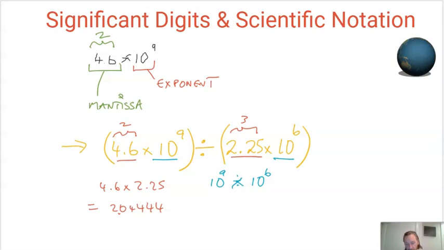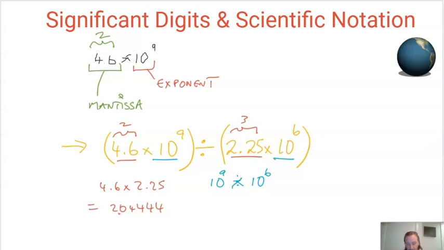And the second part is, if you are trying to establish how many significant digits to use when multiplying or dividing or adding and subtracting, you follow the same rules. So for multiplying and dividing, we would look at the least number of significant digits. So in our example here, 4.6 by 10 to the 9 divided by 2.25 by 10 to the 6.